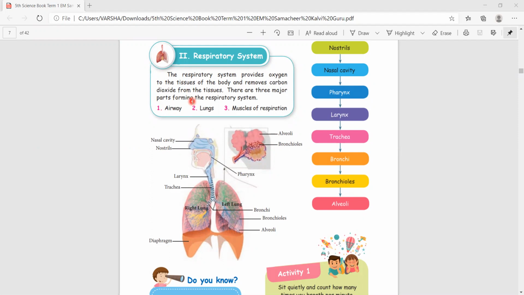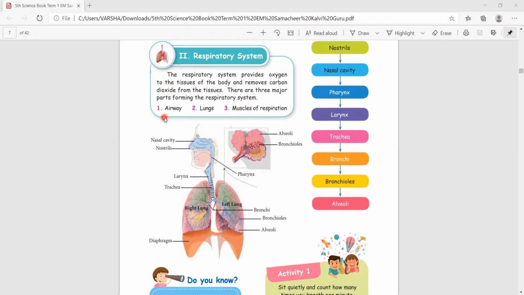The air we breathe in is known as oxygen, and the air we give out is known as carbon dioxide. There are three major parts forming the respiratory system for taking the breath. What are they?